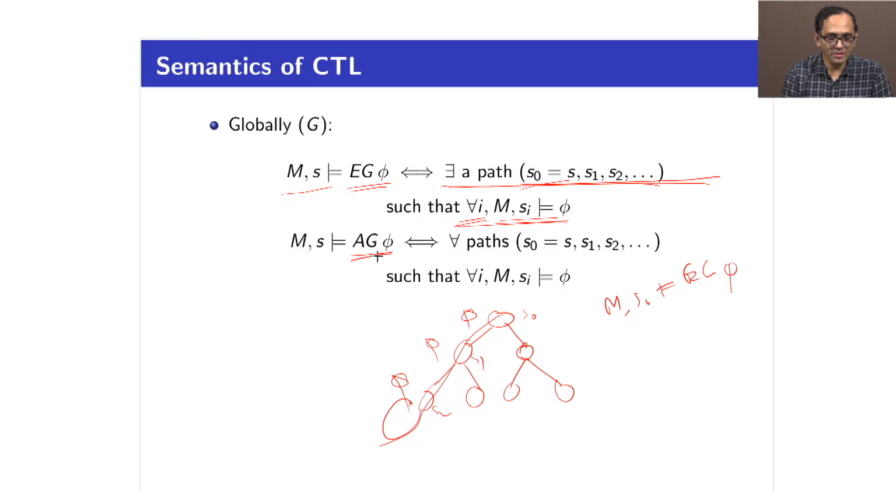Similarly, AG phi means in all paths starting from the start state, all states satisfy phi. Effectively it means in all states phi should hold, right. Then only this is true. So, that means in all paths starting from that S, in all states this phi should hold. Okay.